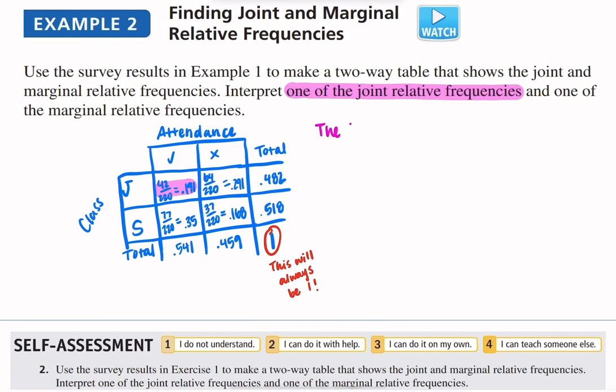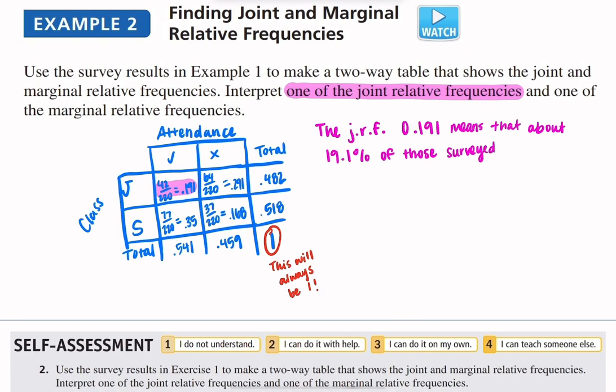The joint relative frequency, JRF, 0.191, means that about 19.1% of those surveyed are juniors who are attending the concert.